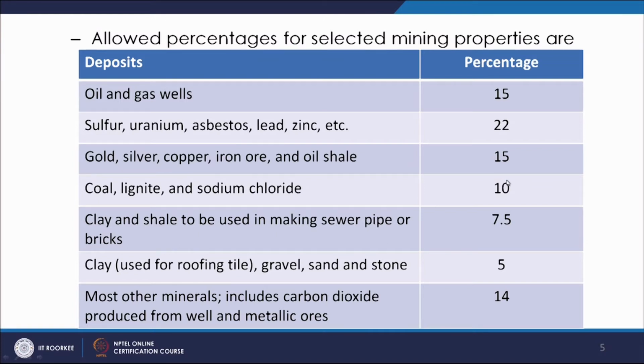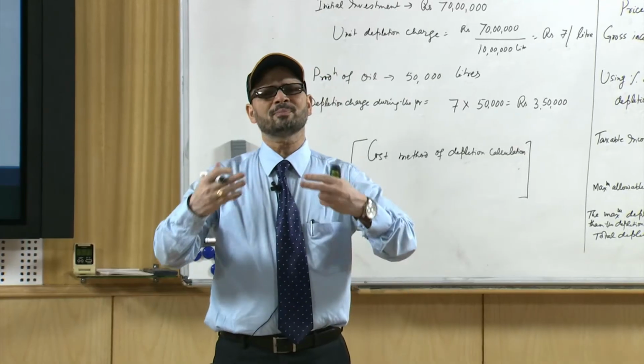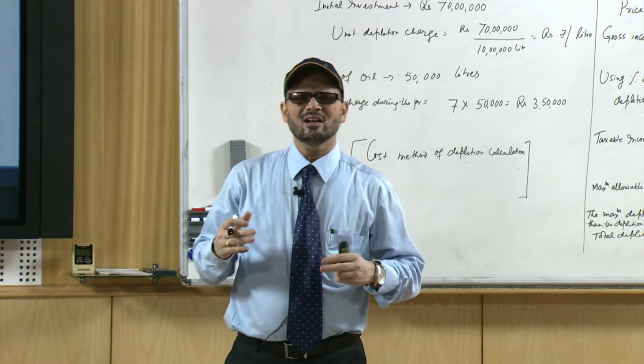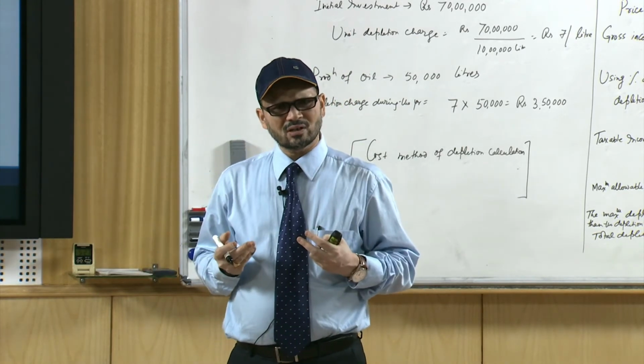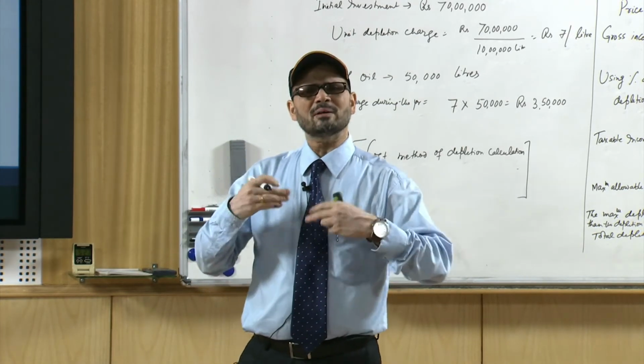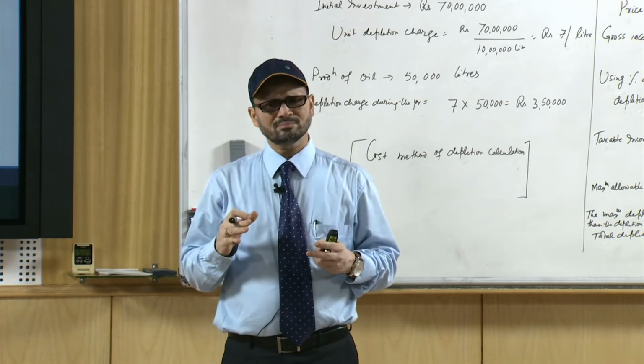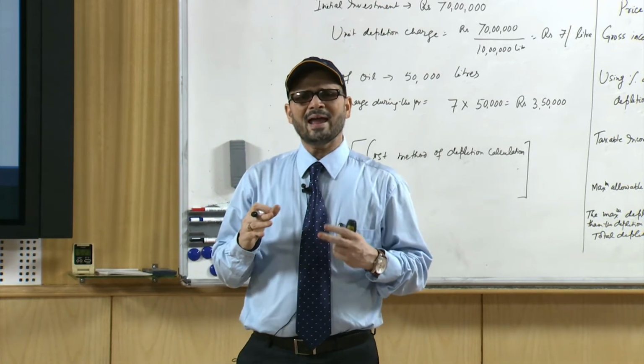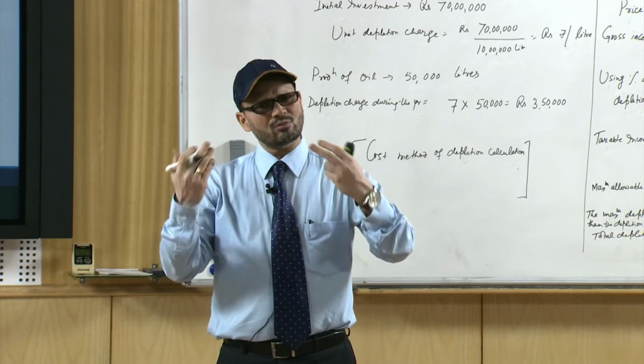Further, on the gross income side, you have to see what other investments are required for the mining purposes. These amounts will be subtracted from the gross income and 50% of that is to be calculated.